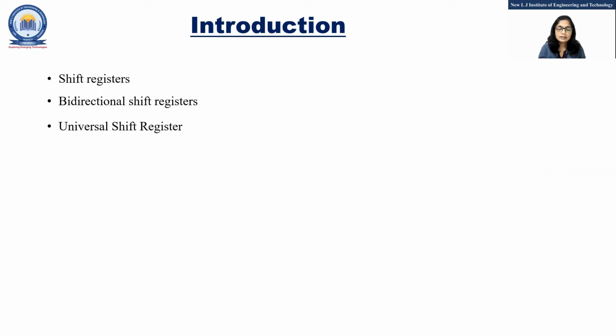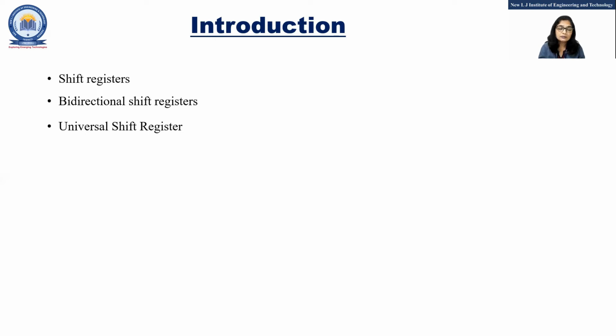But suppose in one circuit only I want to shift the data either right side or left side. Okay, so I will use bidirectional shift registers. But suppose I want to shift data right side or left side, and also I want to transmit data serially and receive data in parallel mode, or I want to transfer data in parallel mode and receive the data in serial mode.